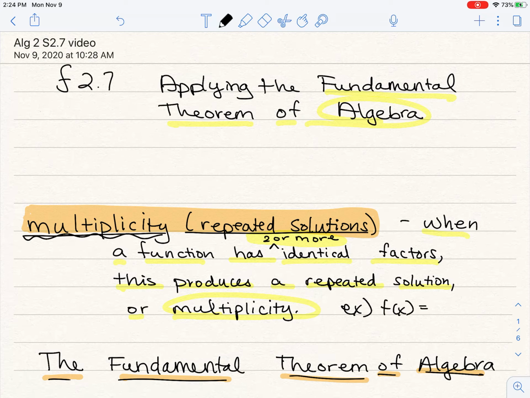For example, if I factor f(x) down to (x - 1)(x + 2)(x - 1), our solutions would be x = 1, -2, and 1. Do you see how these repeat, 1 and 1? That tells me that of our solutions x = 1 and -2, 1 has a multiplicity of 2, meaning it happens twice. Okay, so that's just what it means.